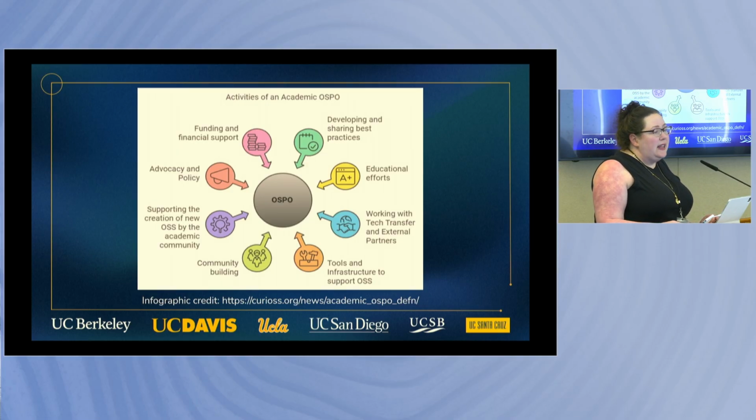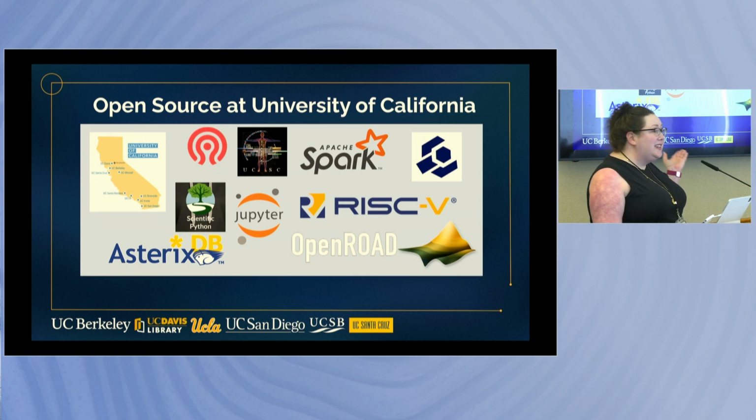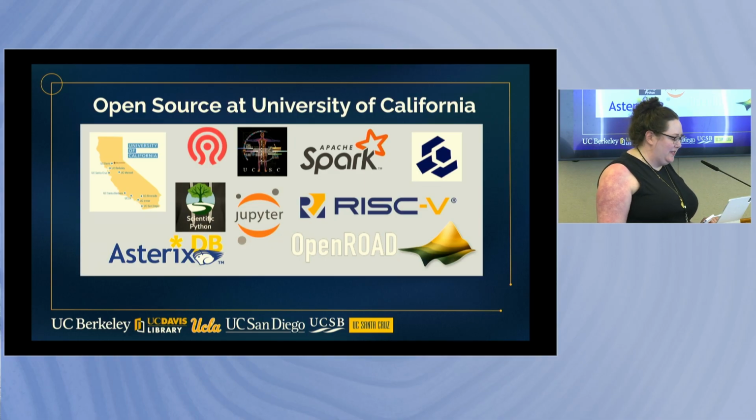And we do things like helping to find funding for projects and sharing best practices, educational efforts, and tools and infrastructure, working with tech transfer, and that's lawyers in academic speak, things like that, policy. So we do some open source actually at the University of California. You might recognize some projects that have come out of the University of California.